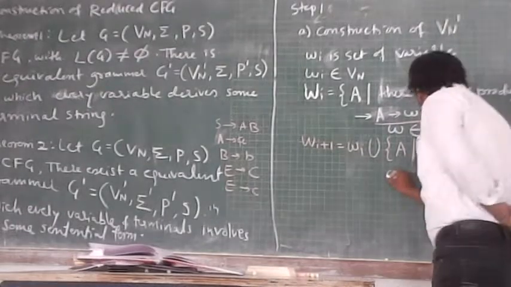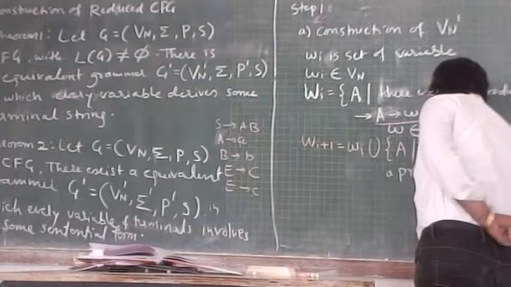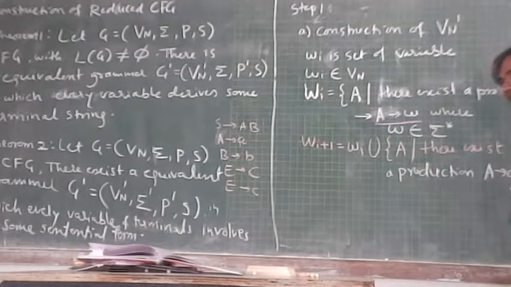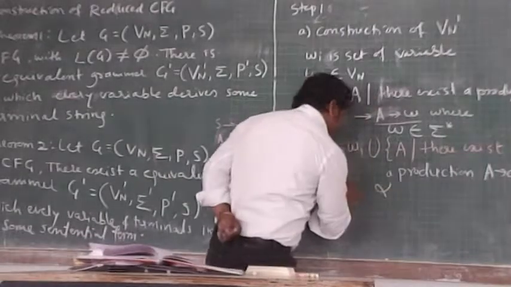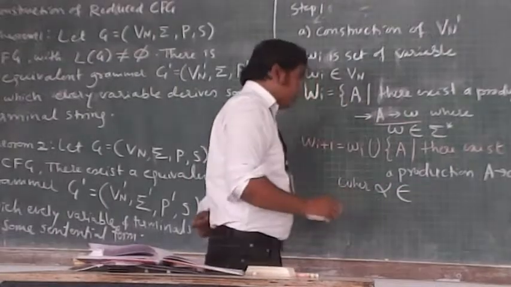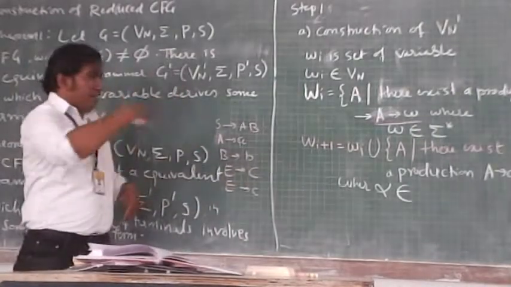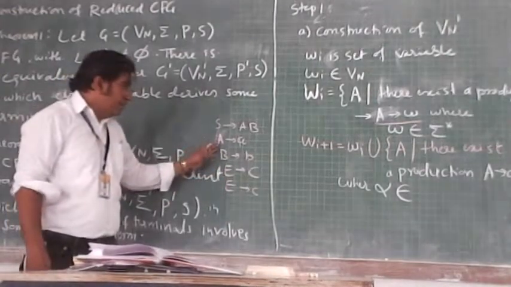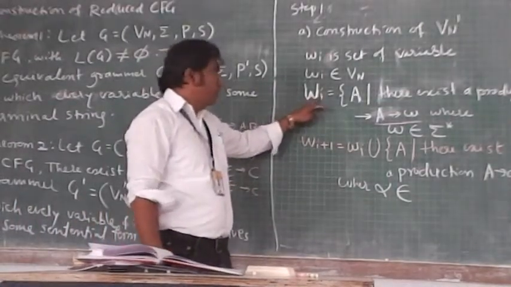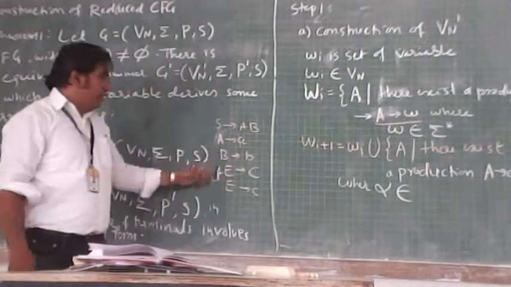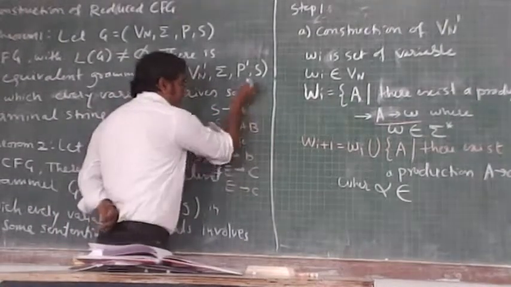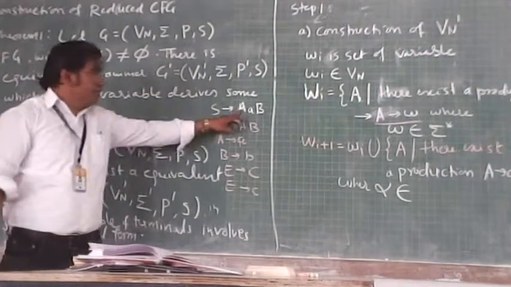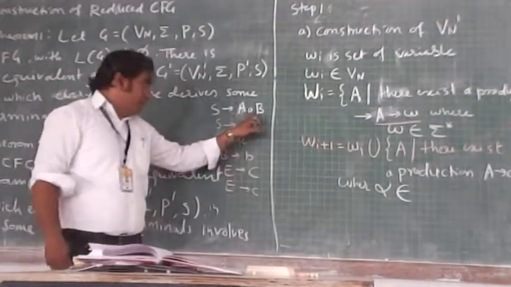There exists a production A implies alpha, and this A is the left hand side of some production, where alpha belongs to the combinations of A, B and E, which are in Wi. Here we need not only consider A, B, E. My production may be like this: A, a, B. In this case, along with my variables, there is a terminal also.